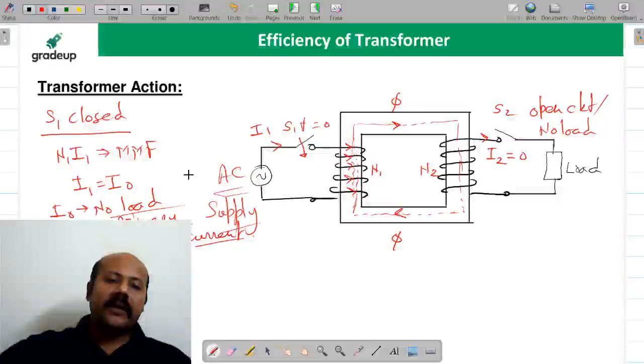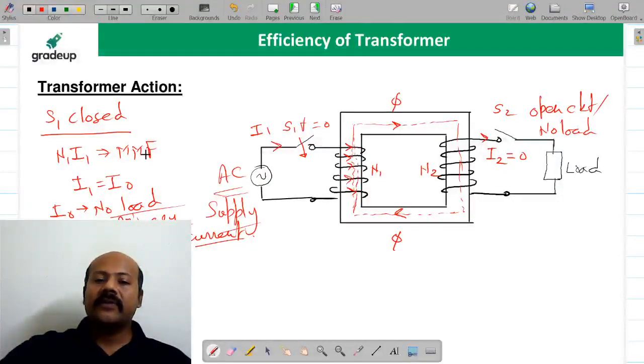Now what is happening? First thing is S1 closed, MMF is set up, and this MMF is going to give rise to a flux phi. Now this flux phi in case of a transformer is a time varying flux.